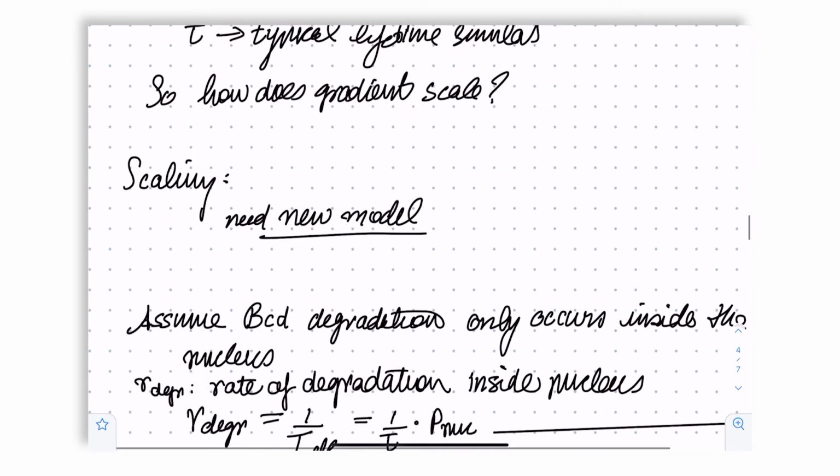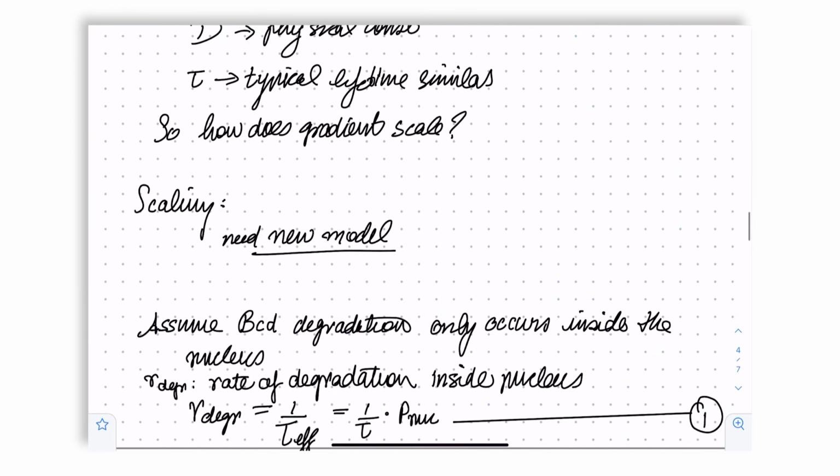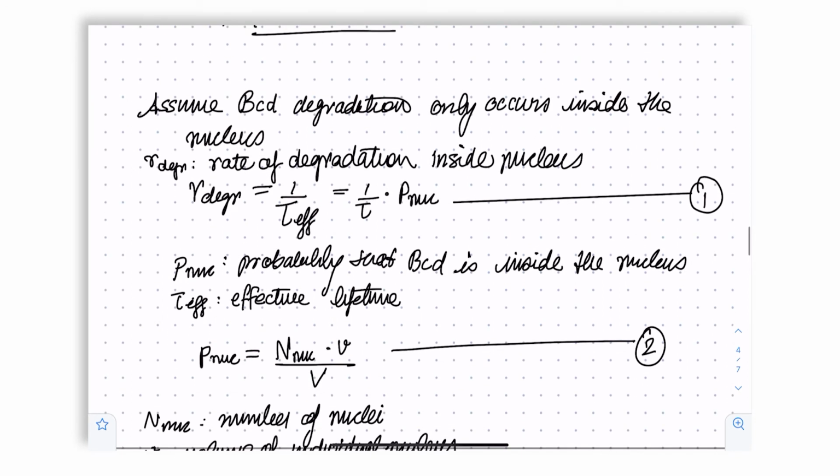To do that, we assume that BCD degradation only occurs inside the nucleus, which gives us a rate of degradation inside the nucleus, which we say is 1 by tau effective, the effective time interval, and can open it out as 1 by tau times the probability of the presence of BCD inside the nucleus. This we can write in terms of the number of nuclei per unit volume of the embryo, all multiplied by the volume of the individual nucleus.